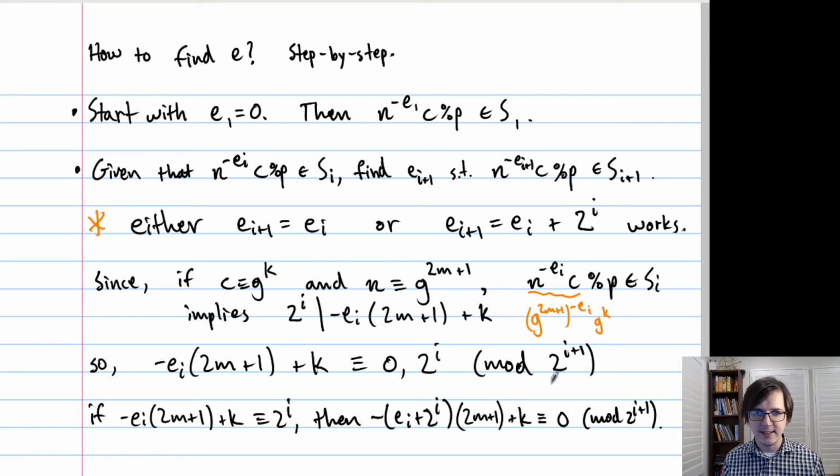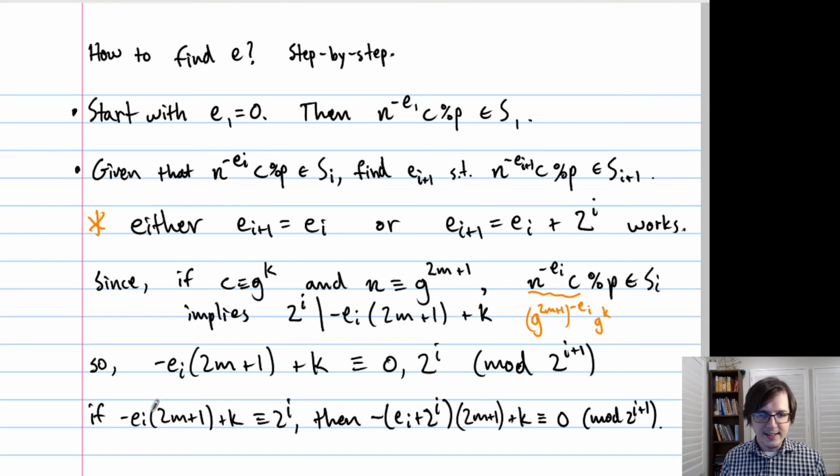That's a little exercise. So if it's 0, then 2 to the I plus 1 divides the left-hand side here, and so I plus 1 could just be e_I, and that would work. But let's say it's not 0, and is instead 2 to the I.